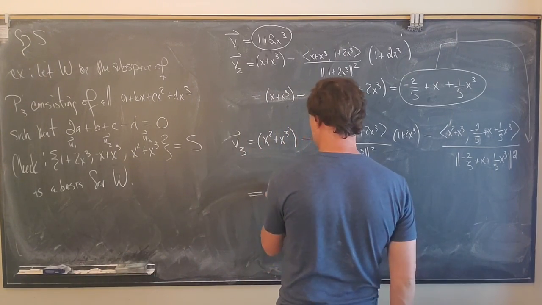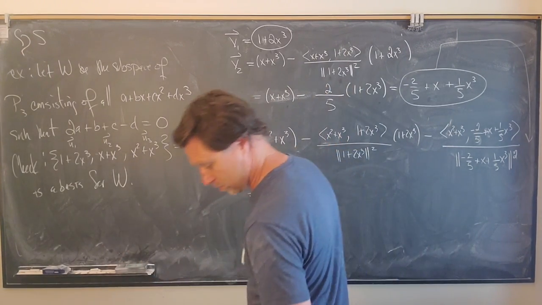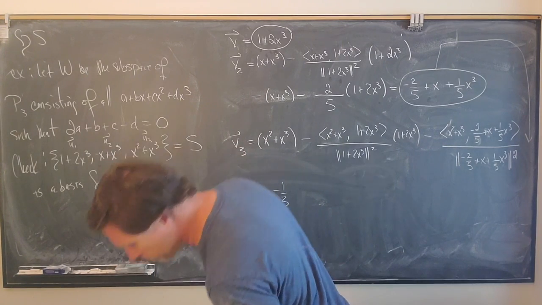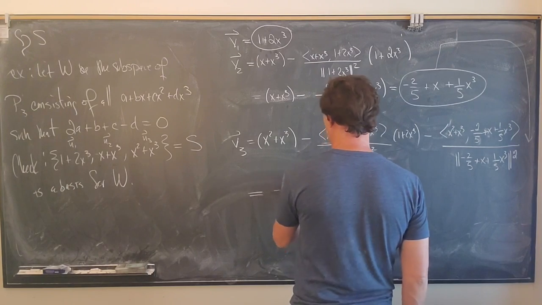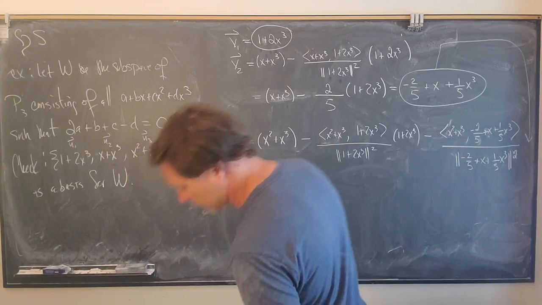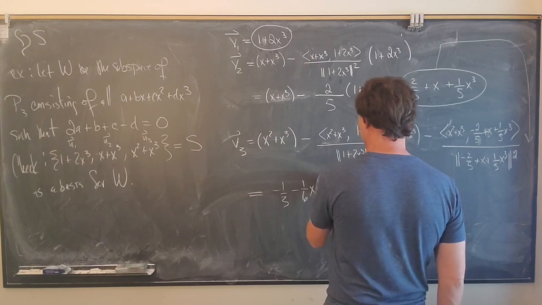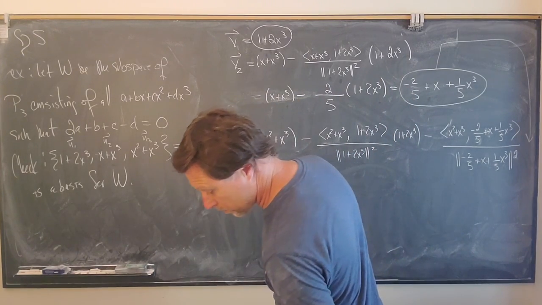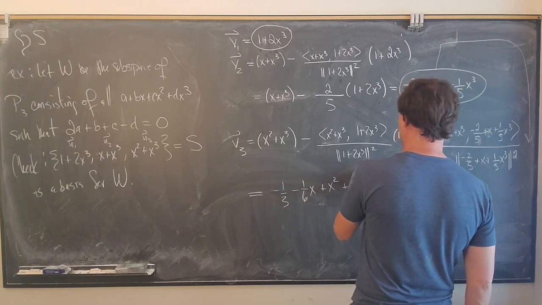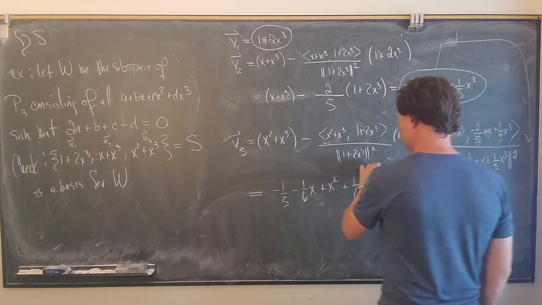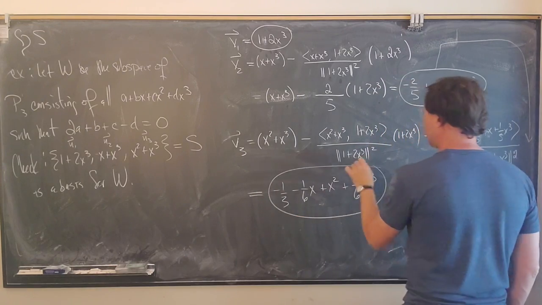Negative 1/3 minus 1/6 x plus x squared plus 1/6 x cubed. Okay, so there is my vector v3.